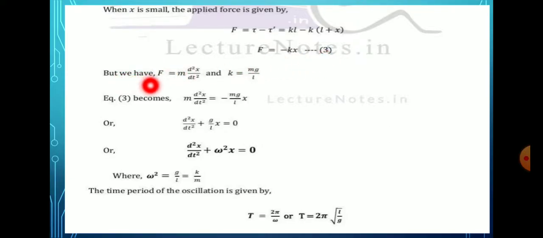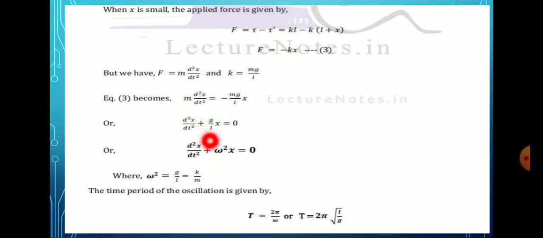But we have F is equal to m d square x by dt square, and k is equal to mg by l. Comparing these equations, we get m d square x by dt square is equal to minus (mg by l) into x. Arranging the terms, we get d square x by dt square plus (g by l) into x is equal to 0.